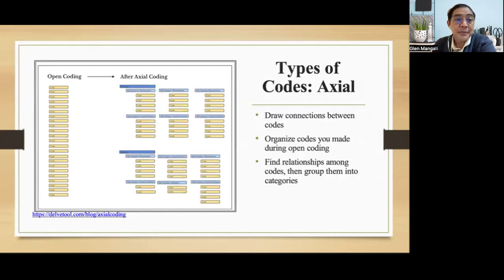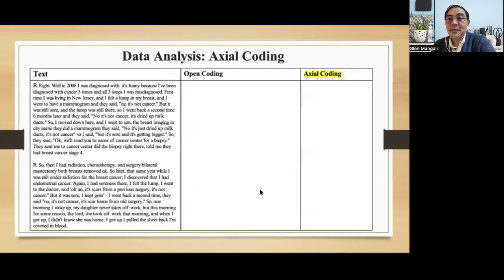So for example, these are the open codes. You group them, for example, category one, three codes, category two, three codes, and so on and so forth. And then you look at their relationship. When you do that, that is what we mean by axial coding.